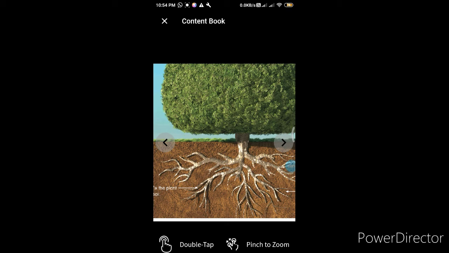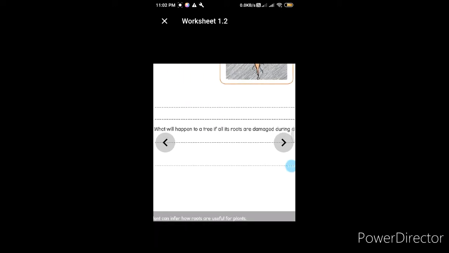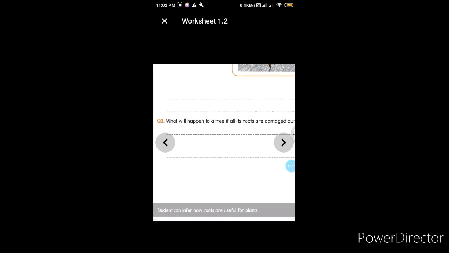And when we see the third question, what will happen to the tree if all its roots are damaged during a storm, and the roots are uprooted or spoiled at the time of the storm? Then definitely the plant withers away or dies and falls down, because when the roots are not there, the plant cannot absorb water and nutrients.